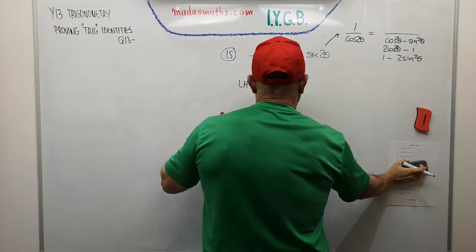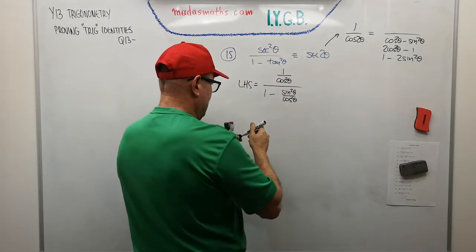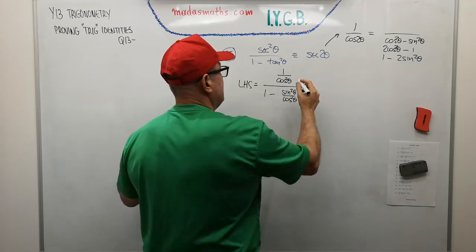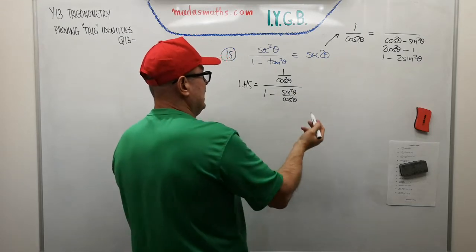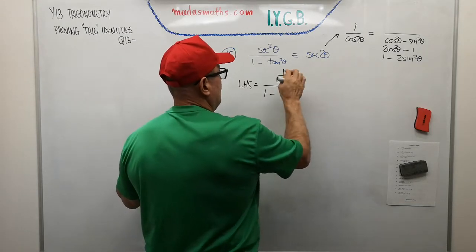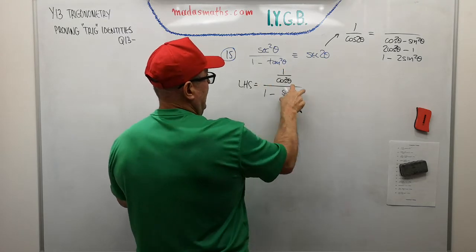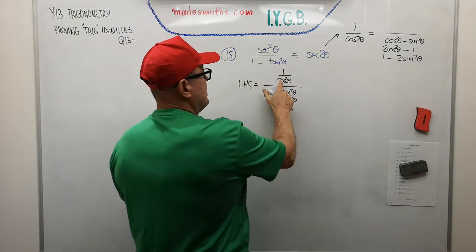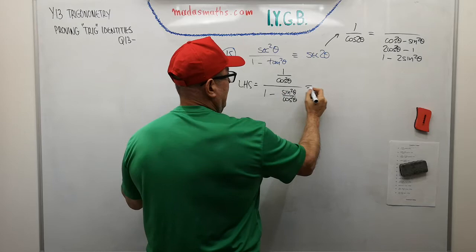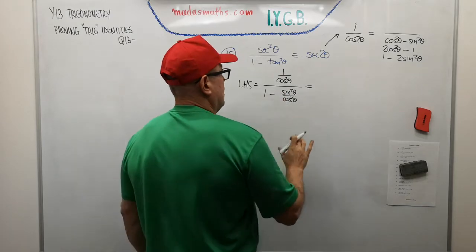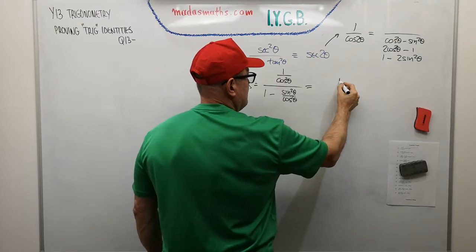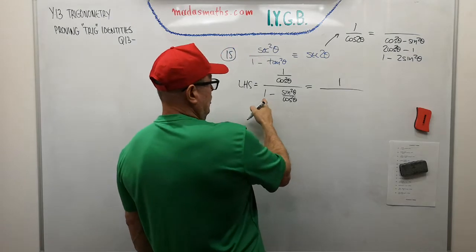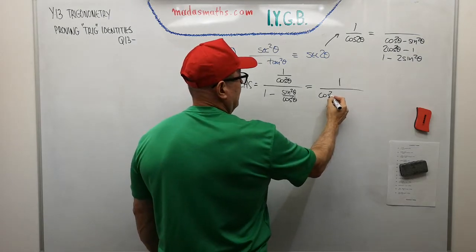What happens next? Well, quite clearly, the technique that I've just used many times before in the first lecture, as well as this one. So I'm going to multiply top and bottom of this fraction by the cos squared of theta. See if you can follow it. I'm not going to write it this time. Times it by cos squared, it leaves me 1. Times by cos squared, it leaves me cos squared.